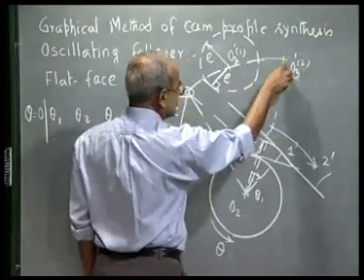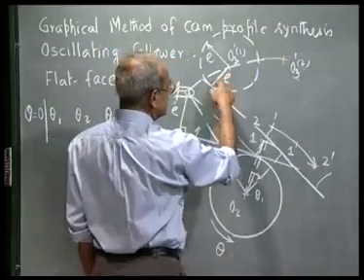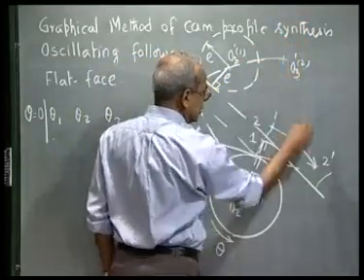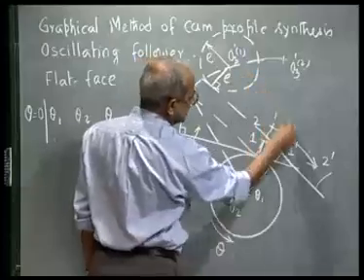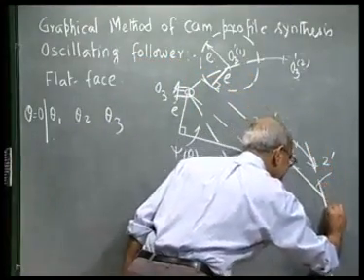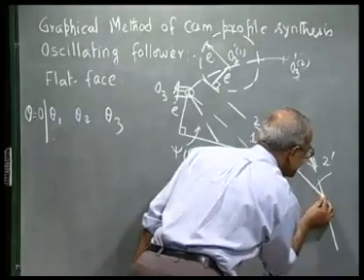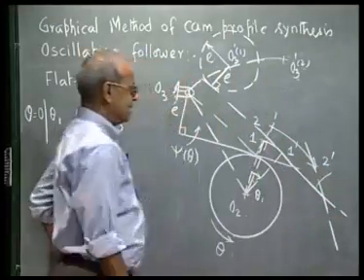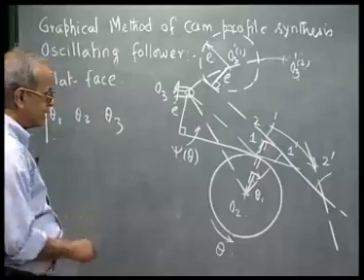Then with this point as center and of radius E, I draw a circle. From this point I draw a tangent to that circle, and that tangent, let it be this, represents the inverted follower face.